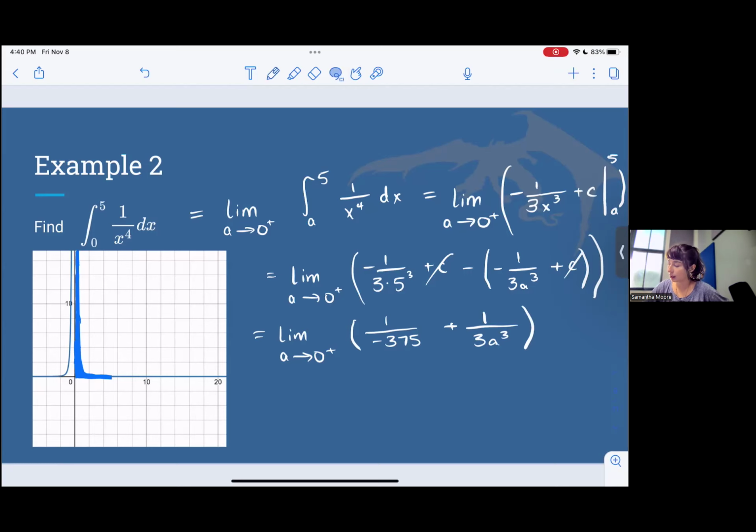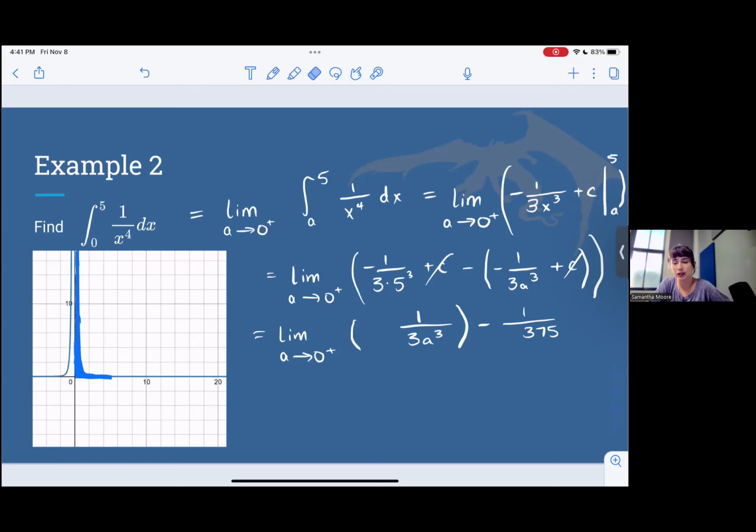And again, I can move my constant out of the limit because of, I guess in this case, the sum rule is what's letting me bring this out, the sum and the constant, or the basic limit laws. So really the part that I need to think about is this limit as a goes to 0 of 1 over 3a cubed.